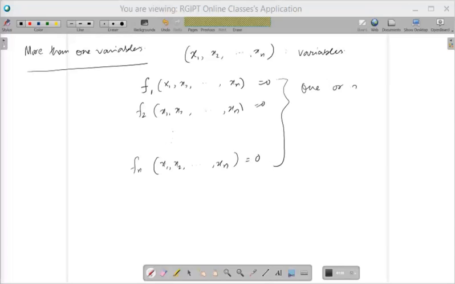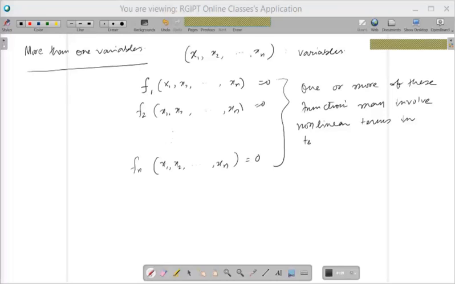One or more of these functions may involve nonlinear terms in terms of its arguments. There may be product terms or squared terms or cubic terms.